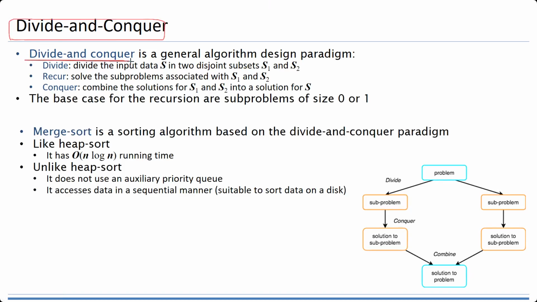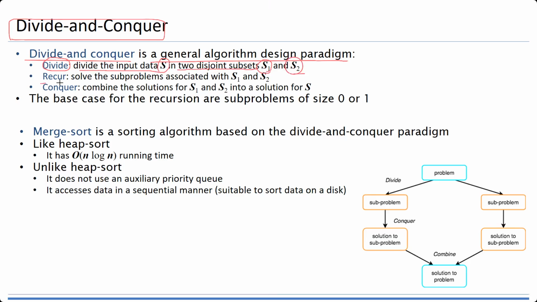Divide and conquer. It is a general algorithm design paradigm. We call it divide. It divides the input S. So if we have S, it's a sequence, and we split it into disjoint subsets S1 and S2. So we split into two parts, S1 and S2.